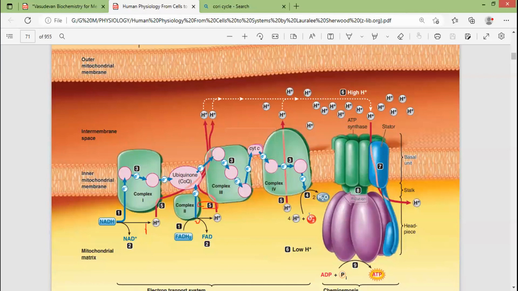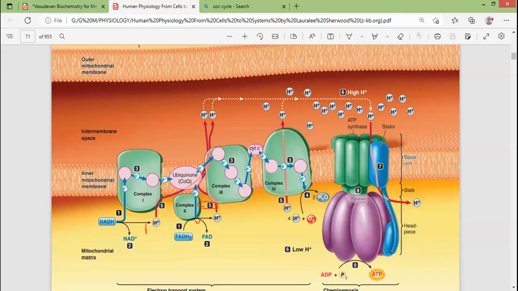But let's go back to our transport chain. As these electrons are moving through complex 1, complex 2, complex 3, we know they are releasing energy. We said an electron on its own will release energy, right? And this released energy can be lost as heat.